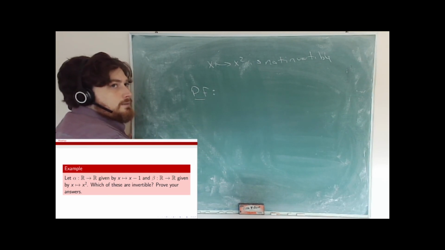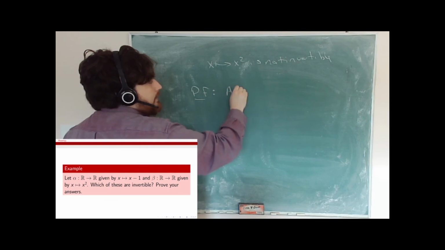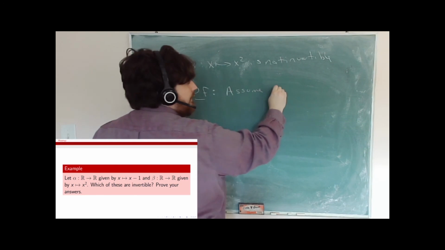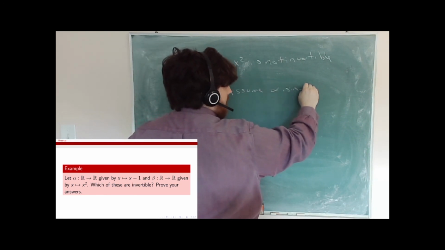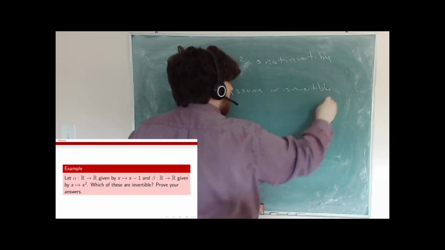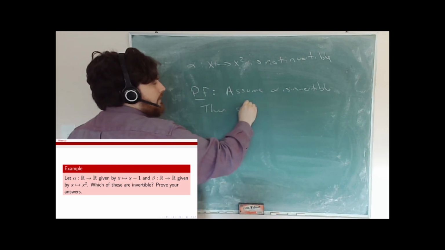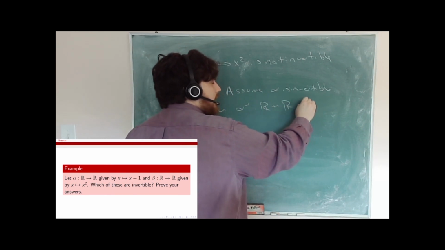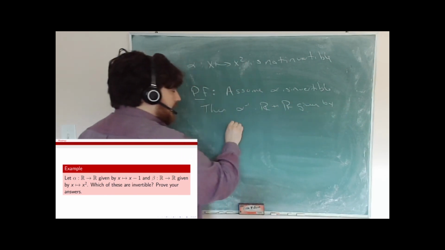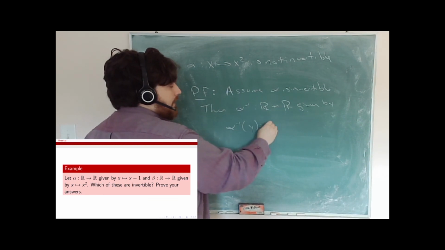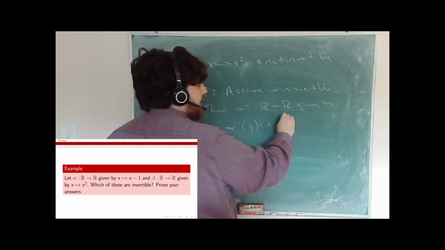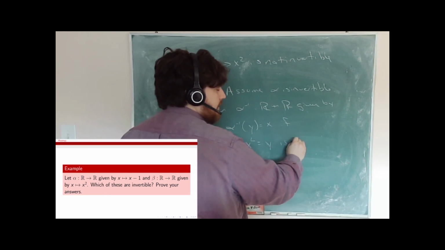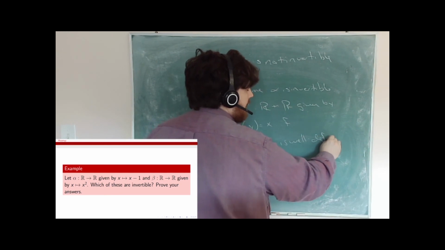So assume, let's call this one alpha here, assume alpha is invertible. Then alpha inverse from R to R, given by alpha inverse of y is equal to x if x squared is equal to y, is well defined, or is a mapping.